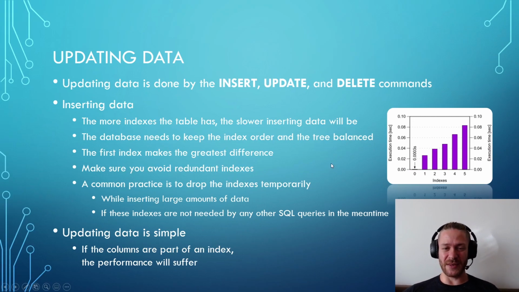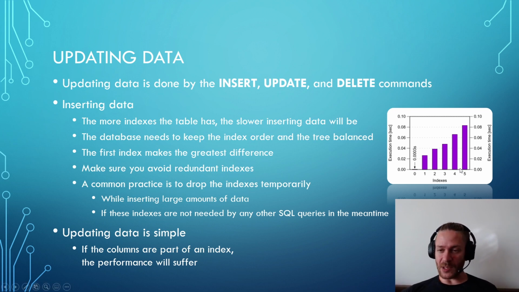So the first index makes the greatest difference, and that's important. If we can keep our table without indexes, then insertion will be super fast. Now, of course, in a real-world application with real-world scenarios, tables without indexes is a bit of a dream.